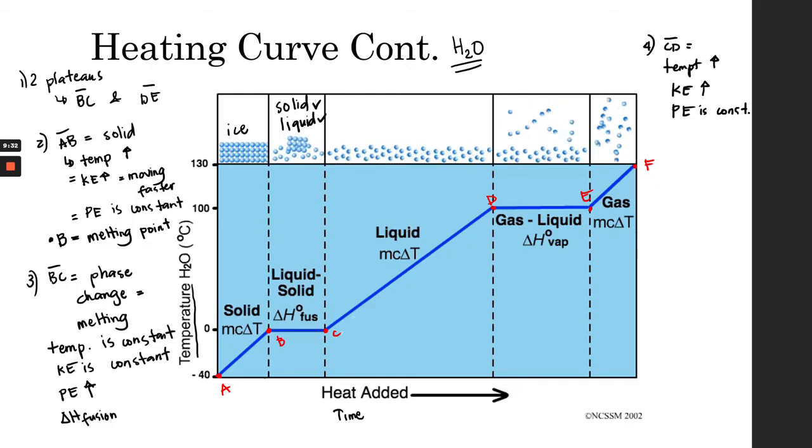Okay, so as you add heat, the temperature again increases until you arrive at point D. Point D is what we call the boiling point. So what that means is that the particles are moving fast enough in the liquid phase that they start to break off their intermolecular forces.